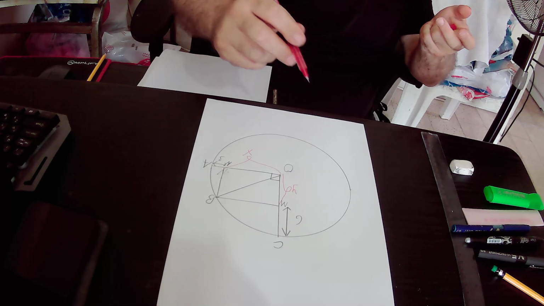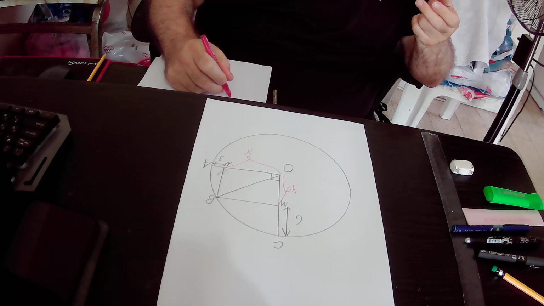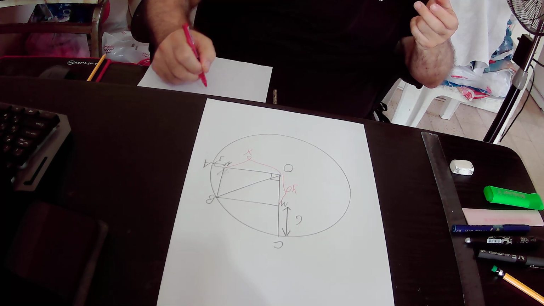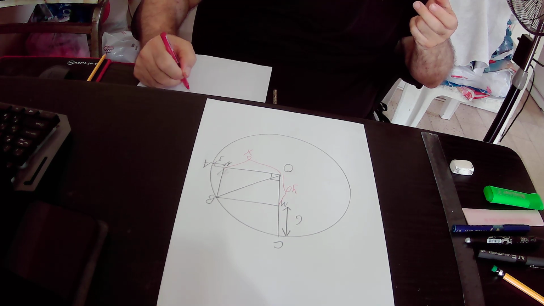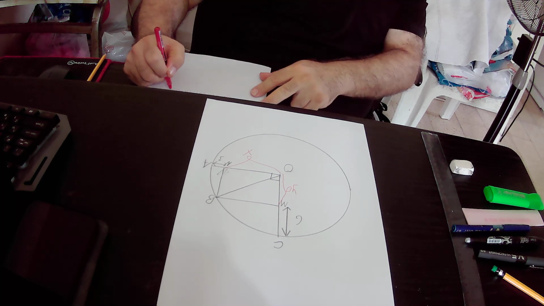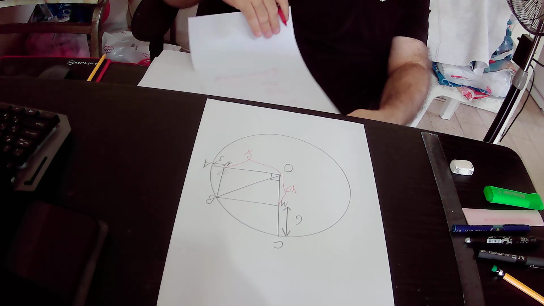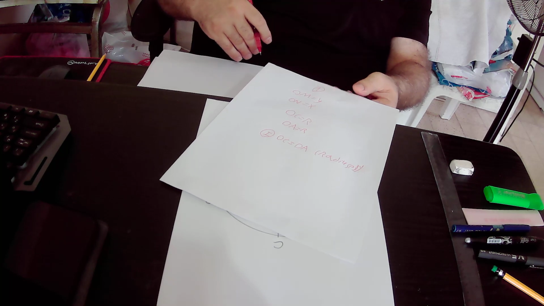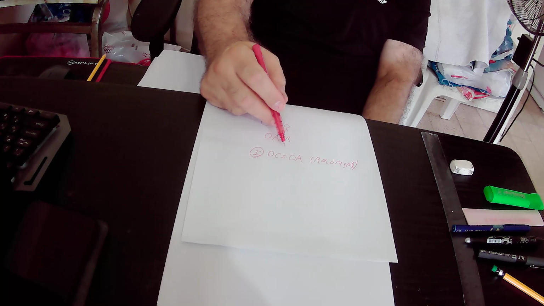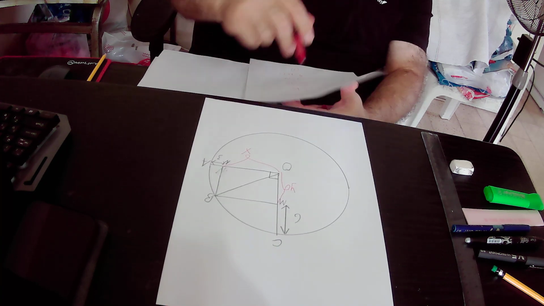So we can write down our first equation that states that OC equals OA, because both of them are radiuses of this circle.